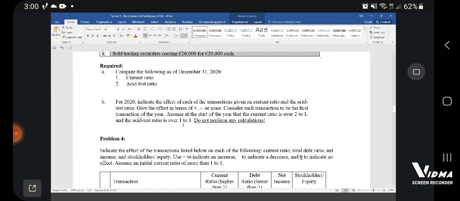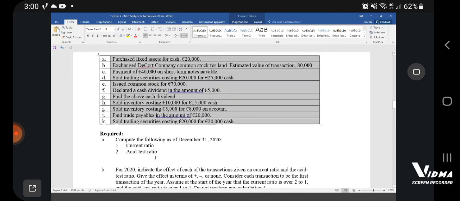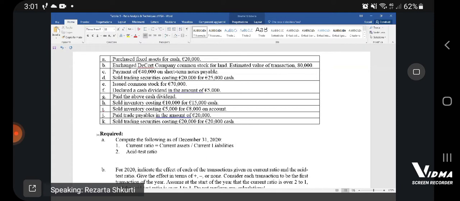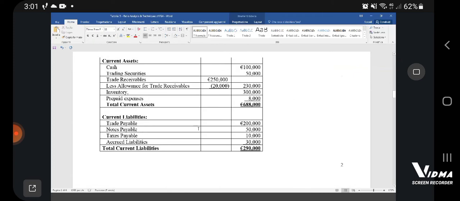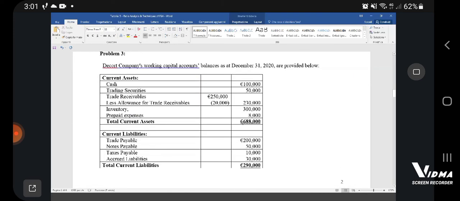Okay? So first of all, let's calculate the current ratio. That is equal to the ratio between current assets to current liabilities, and that means that for 2020, which is the year that we are talking about, that would be the division or the ratio between this value, 688,000, and the current liabilities, which is 290,000.